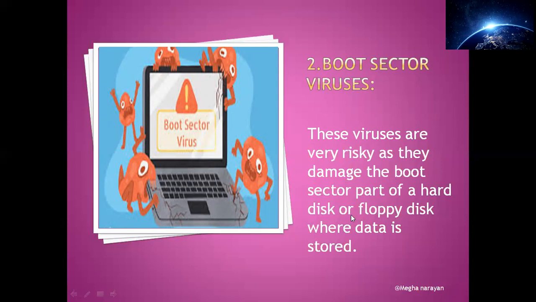Floppy disk can also be affected at the same time. These are all present inside the system where the data is stored. So this particular type of virus attacks which type of file? Boot files. Attacks which sector? Boot sector, and therefore it has the same name also.